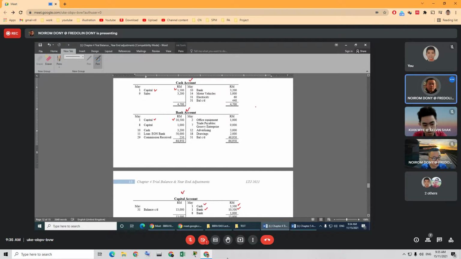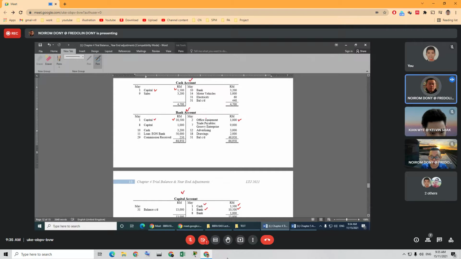Okay, moving on. So May the 2nd, she bought office equipment with 1,000 paid by check. So by check, meaning affecting the bank account. Looking at the transaction, the check, like what I've said to you, reduces. So we credit 1,000 in the bank account.